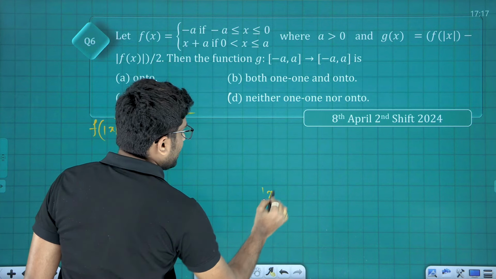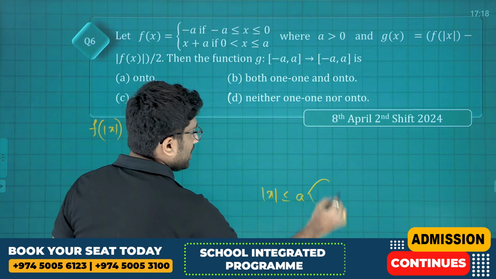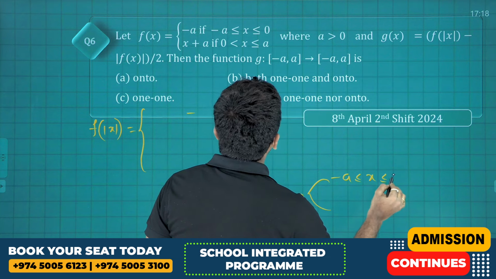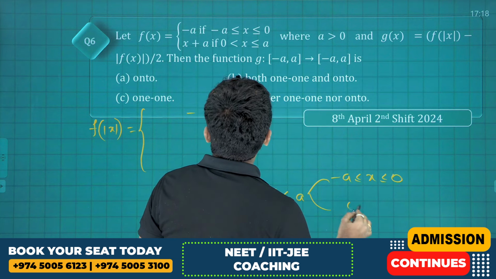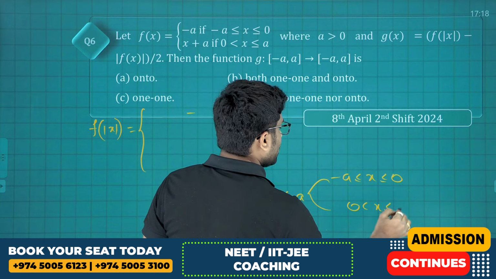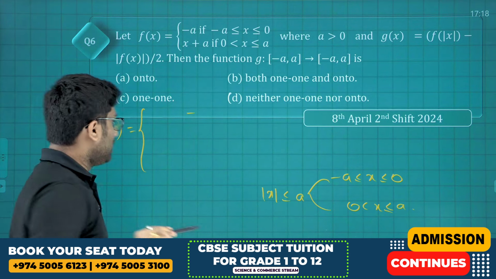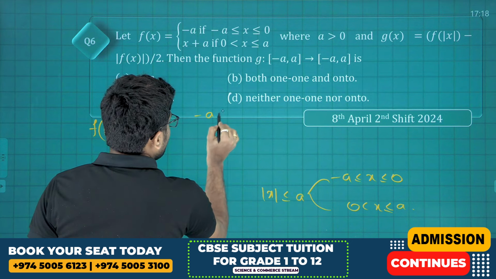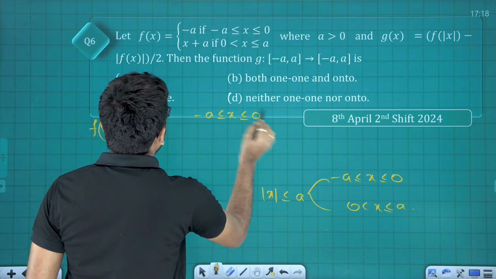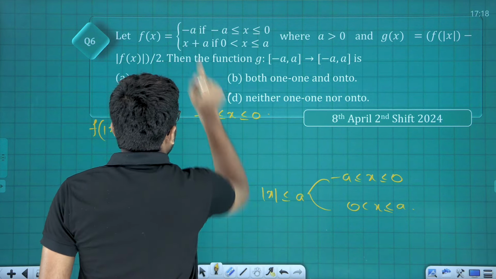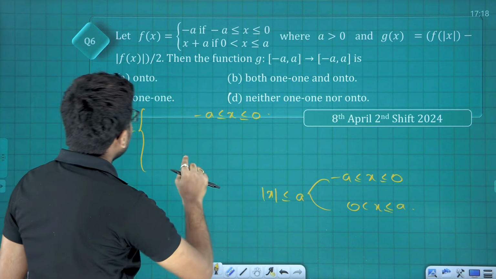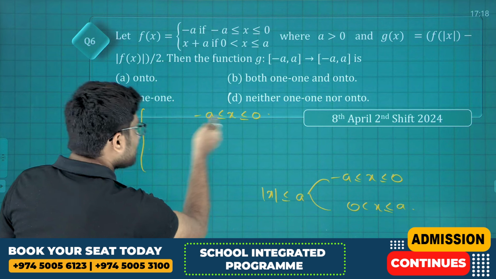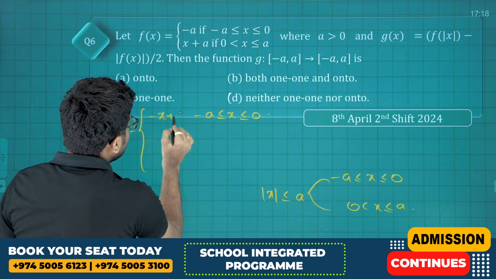See, mod x less than or equal to a means we'll split it into minus a less than or equal to x less than or equal to 0 and 0 less than or equal to x less than or equal to a.